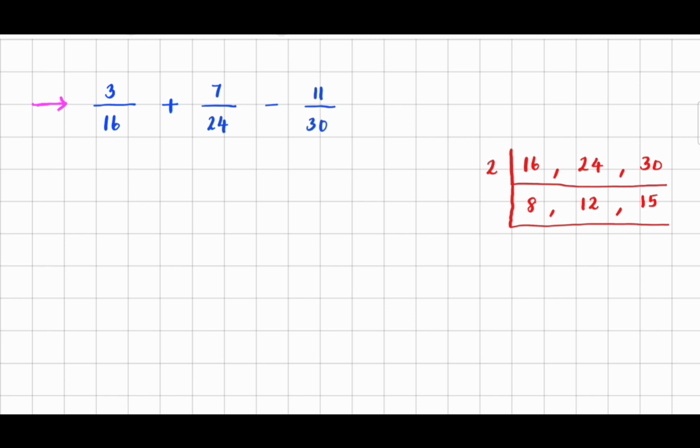So I am going to think about prime numbers that can go into at least 2 of them. For me, the prime numbers that come to my mind are 2 and 3. I'm going to choose 3 here, any one of them is fine. So here we cannot divide 8 by 3, so just copy the number 8 as such. Then 3 into 4 is 12 and 3 into 5 is 15.